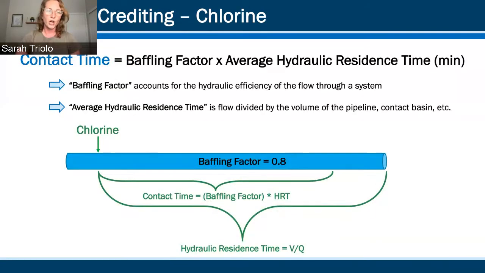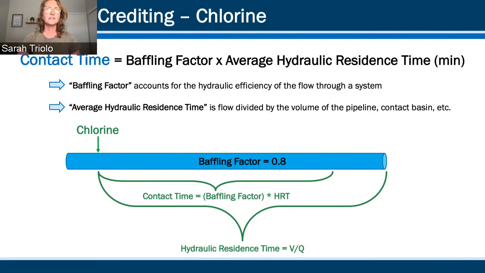So then the second part is the contact time. The key thing here is that in the context of calculating your CT, your contact time is basically your average hydraulic residence time multiplied by this baffling factor. So what the heck is this baffling factor? This factor accounts for the hydraulic efficiency of the flow.